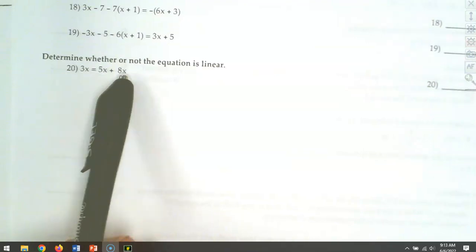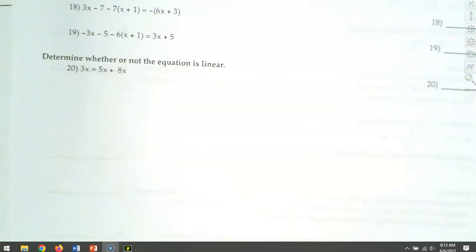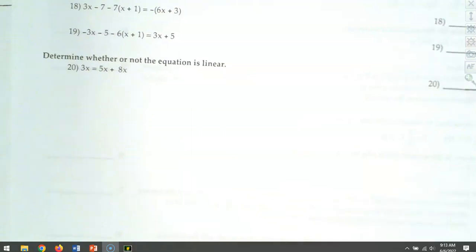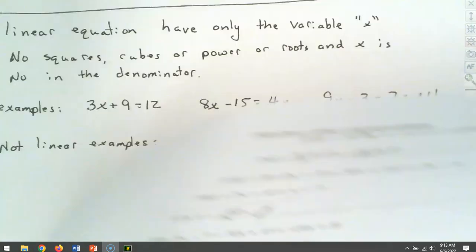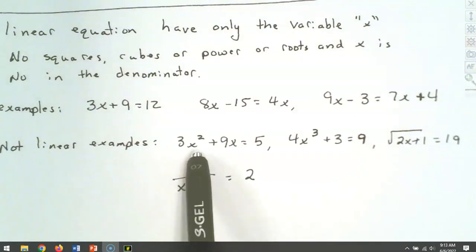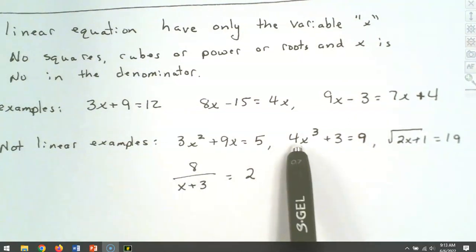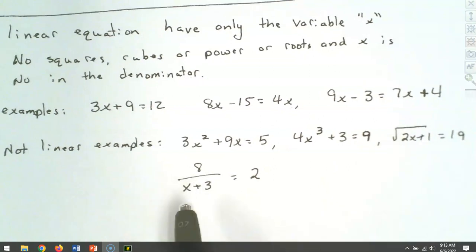No. So this would be an example of a linear equation. Okay? It's linear. What makes something nonlinear would be, again, a square, a cube, a square root, or x is on the bottom of a fraction. Those are nonlinear. Most things are going to be linear in this section. Now, next week, we're going to be discussing nonlinear ones, which means we have to factor. But that's for next week.